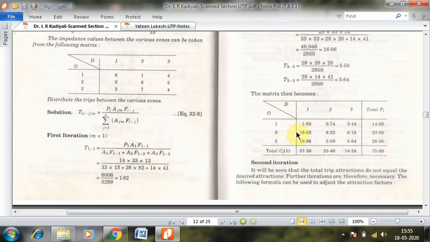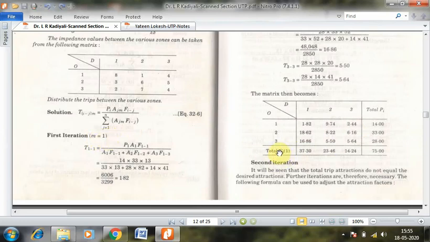Substituting all those elements, for example T11 was 1.82, that 1.82 I have written here. Similarly T12 is this, capital T13 is again this, and so on. Once the contents are filled, you need to do the summation of all these trips. That summation is represented by Cj1, or the calculated trips for iteration 1. This 1 is nothing but m, which we had considered in the beginning of the solution.